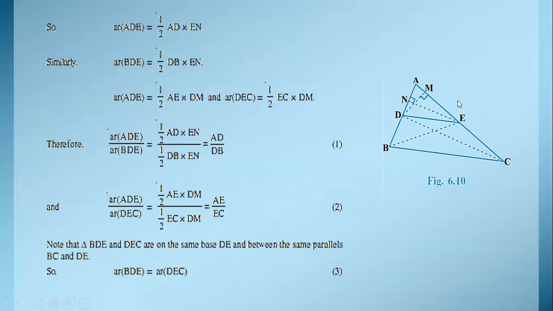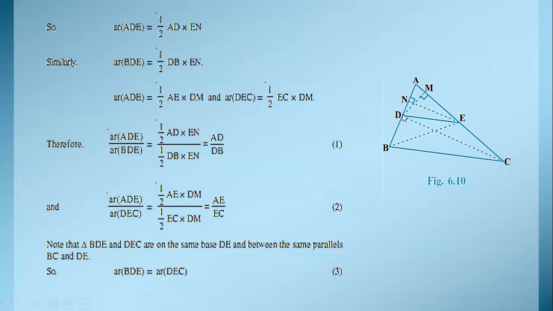Okay. Now BDE and DEC, these two triangles have the same base and they are between the same parallel lines BC and DE. So areas are equal. You have already studied this before, isn't it? Two triangles' areas will be equal if they lie on the same base and between the same parallel lines.